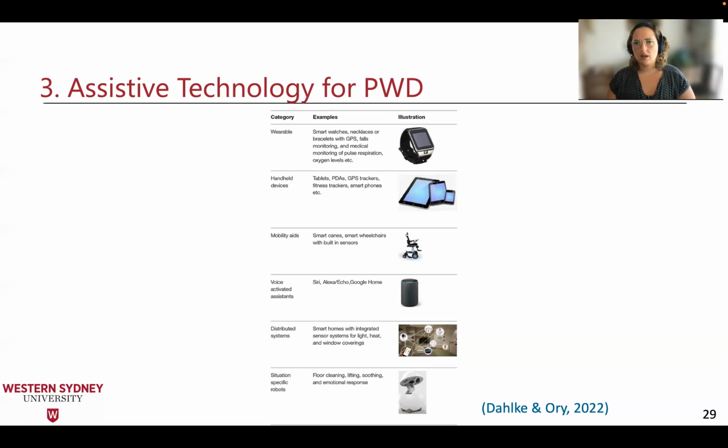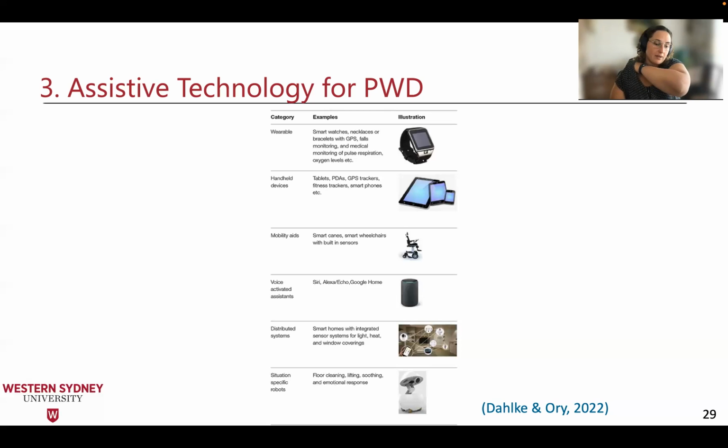So if all of a sudden the person is in bed all day and they don't leave and they're not going to the fridge at all, it will be able to pick this up and alert with the sensors. And then you also have situation-specific robots who can do things such as floor cleaning, lifting, soothing, and emotional responses.